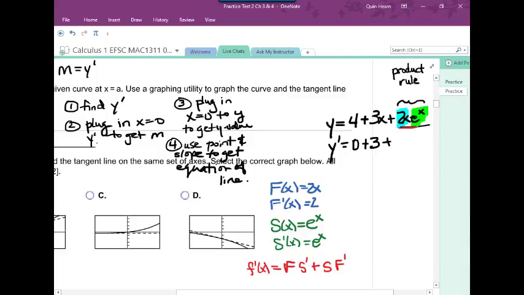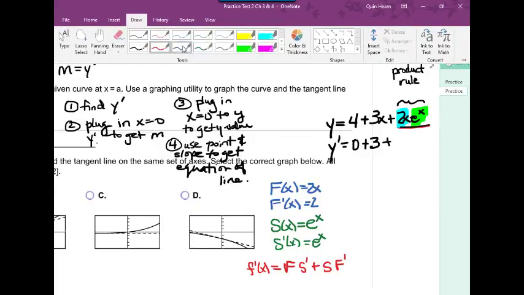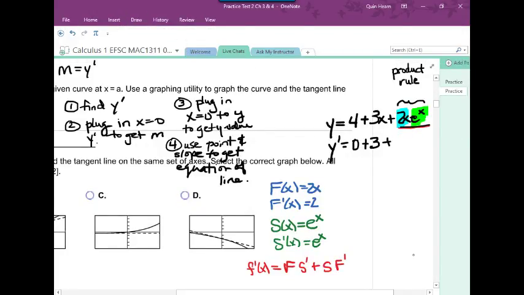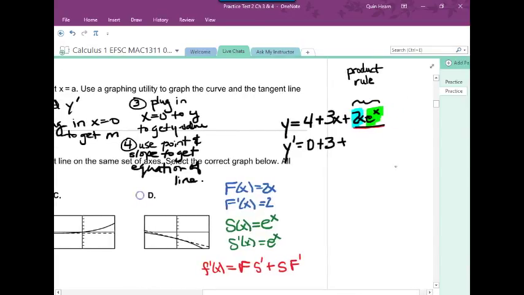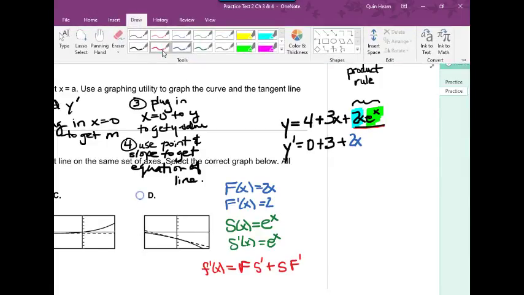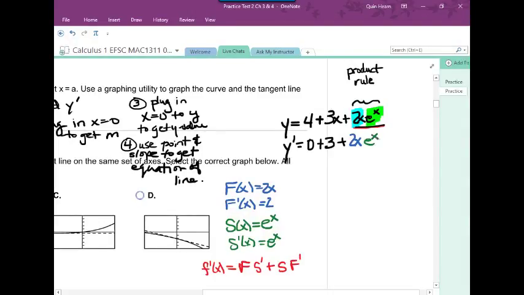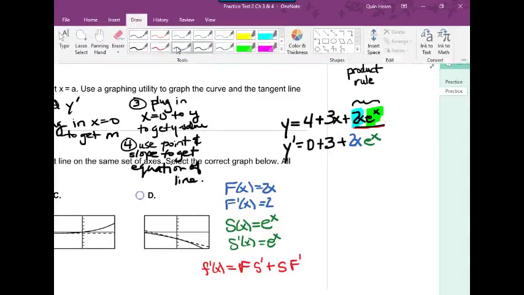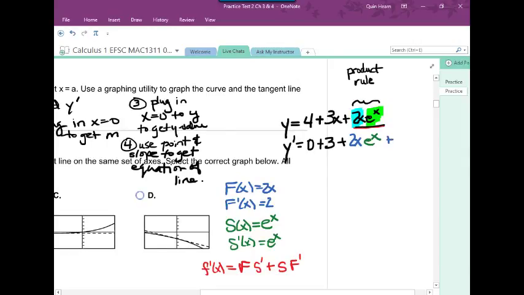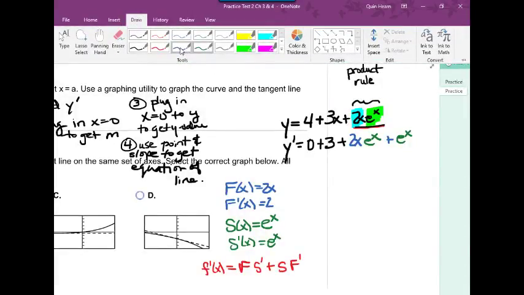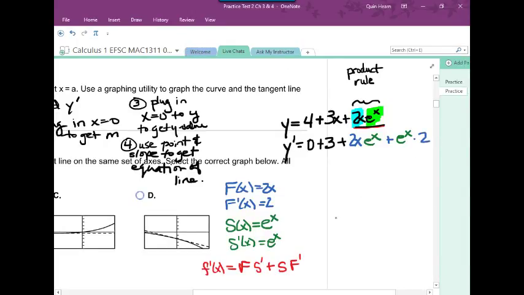So when we're finding the derivative of 2x e to the x, we have the first function, 2x, times the derivative of the second, which is e to the x, plus the second function, e to the x, times the derivative of the first function, which is just 2.